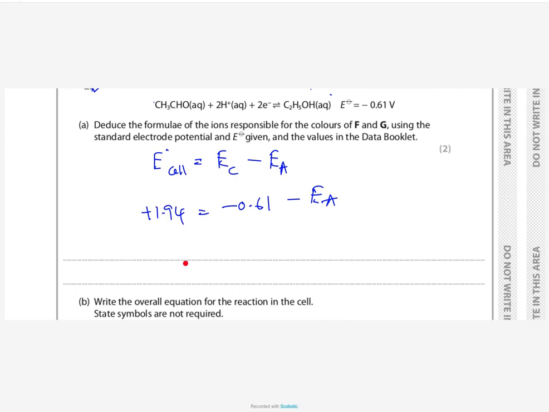Right, so what is the answer then? Oh, the cathode is, I'm sorry. Let me check again. I think I made a mistake.